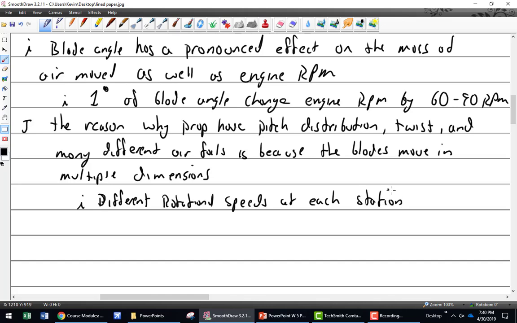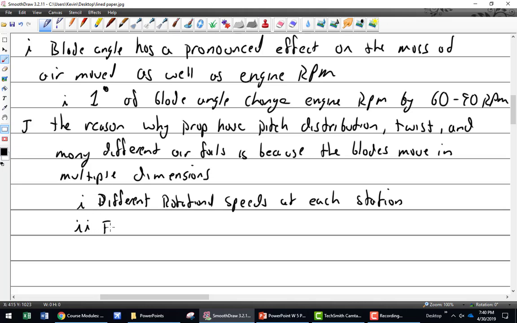How are stations defined? Inches from the hub. Okay, so different rotational speeds. I don't mean RPM. I mean actual miles per hour speed. So near the hub, is it faster or slower? Slower. Okay, tip is then? Faster. Okay. So first of all, we have that going on.